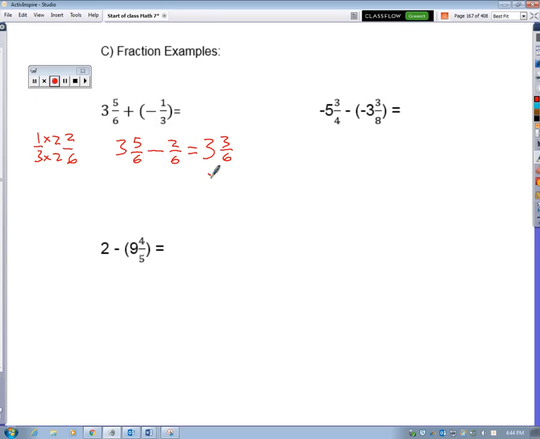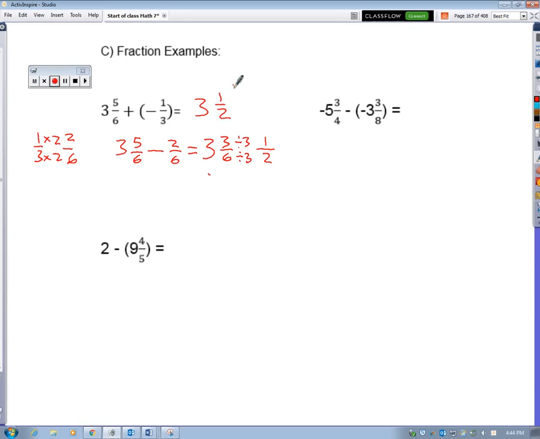Alright, now I have to simplify, because check out this fraction here. 3 and 6, we can simplify that down. If I divide both of these by 3, that is going to give me 1/2. Okay, so my answer, simplified all the way down, is 3 and 1/2.